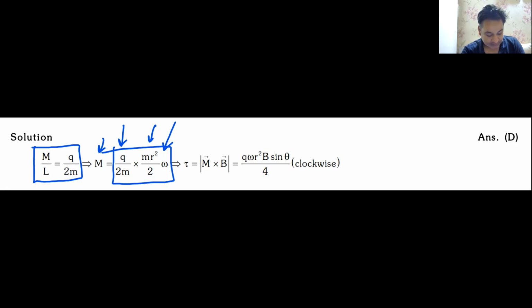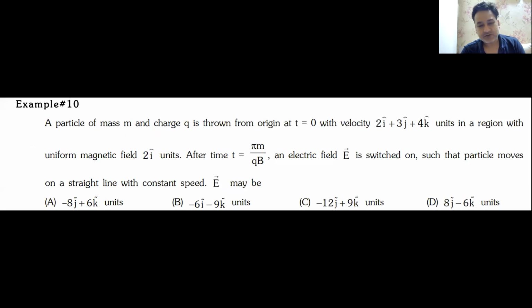Now, again, here is the question. Remember, the question may look very complicated. It might be the simplest one that you will see in a while. A particle of mass m and charge q is thrown from origin at time t equal to 0 with a velocity 2i plus 3j plus 4k. This is my favorite velocity.